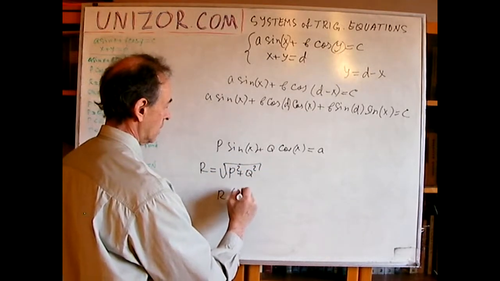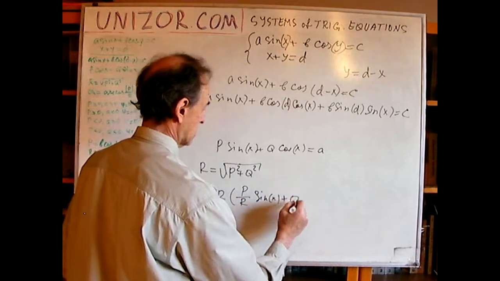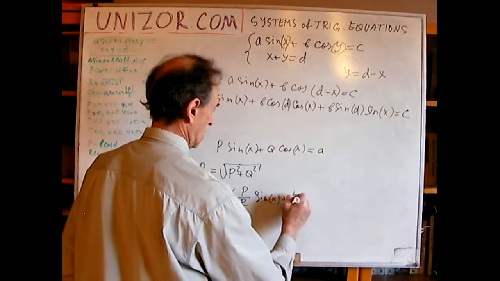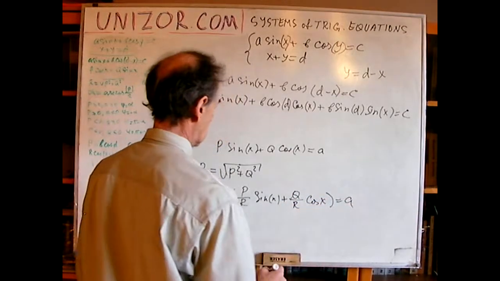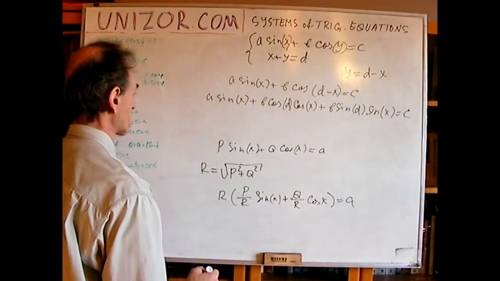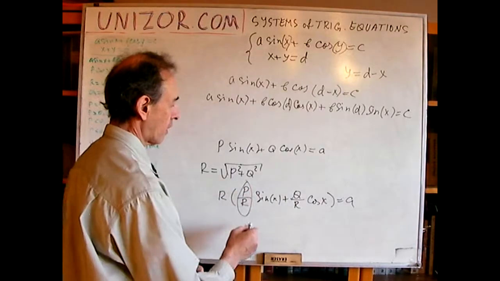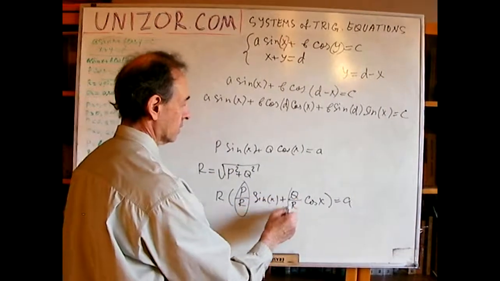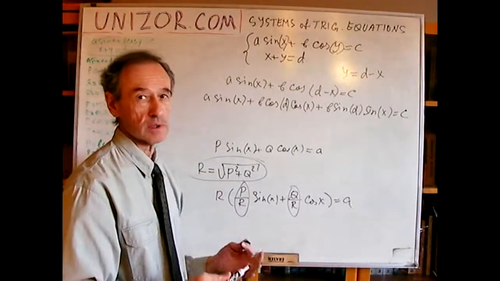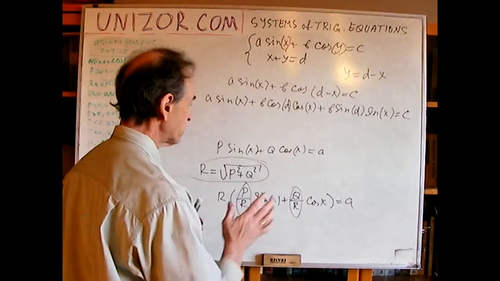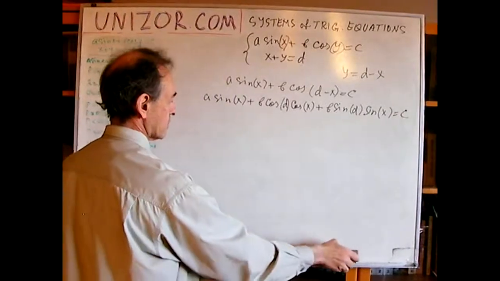So I have p over r sine x plus q over r cosine x equals a. And then I interpreted p over r as the sine of some angle and q over r as the cosine of the same angle, and using this it was possible. So let me remind you the whole technique in detail, and then I will apply it to this one.